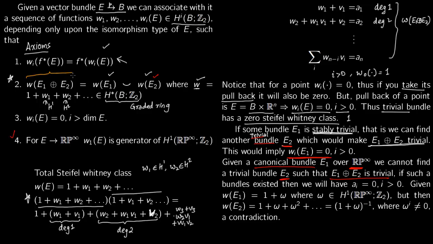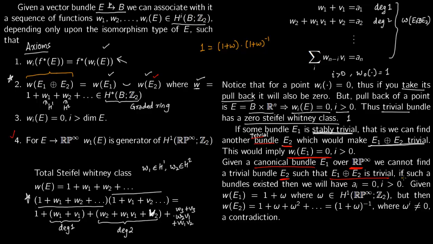If you direct sum it with the trivial bundle, then the left hand side will become 1. But you know this w1(E) is the generator of H1(RP infinity; Z2). So this w(E1) is at least 1 plus omega. So that means w(E2) has to be (1 plus omega) inverse. So that is what we are writing.